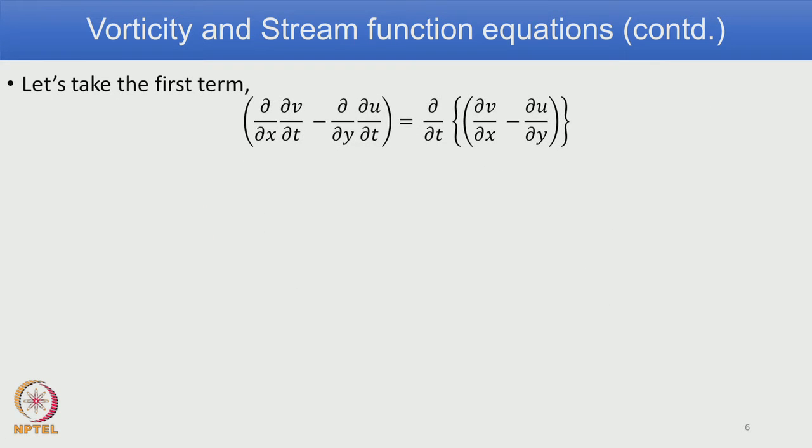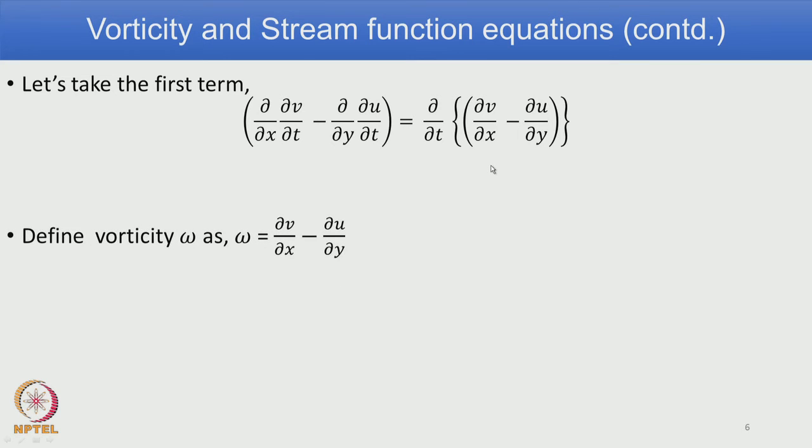So we will take the first term, that is the unsteady term. So ∂/∂x of ∂v/∂t, which is coming from the second momentum equation, and ∂/∂y of ∂u/∂t, which is coming from the first momentum equation. Subtract one from the other, and we know this partial derivative can be interchanged. So ∂/∂t is taken out common, with ∂v/∂x minus ∂u/∂y inside of it.